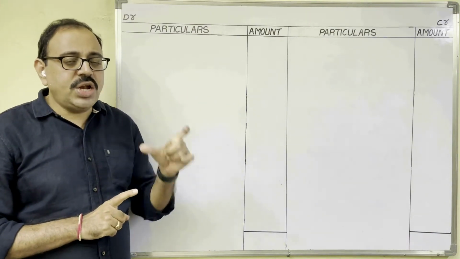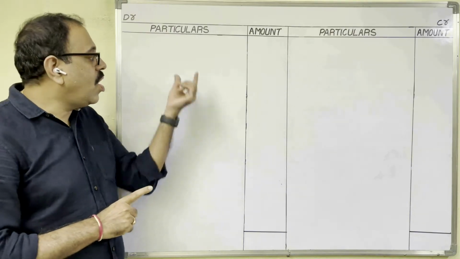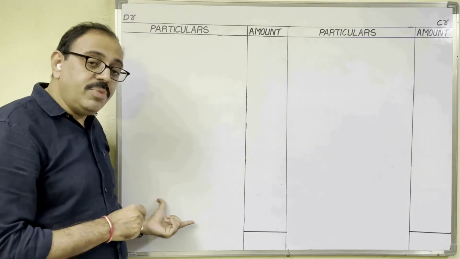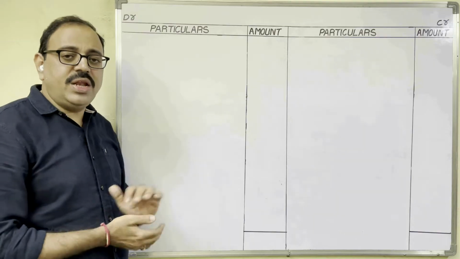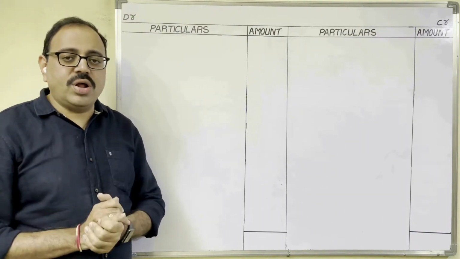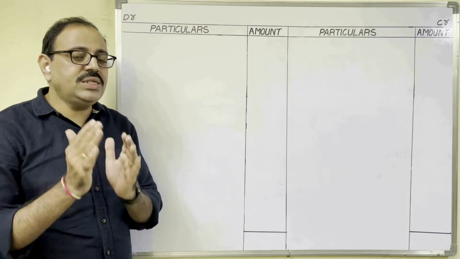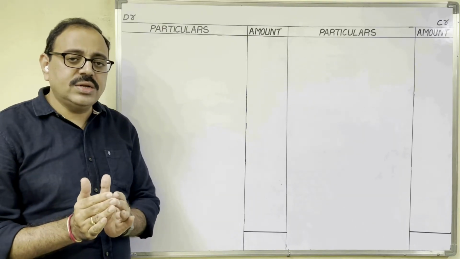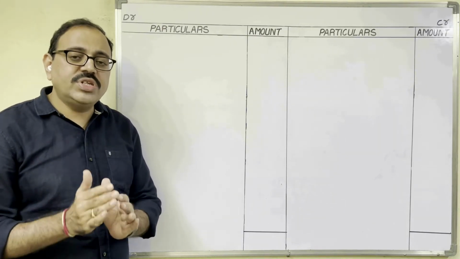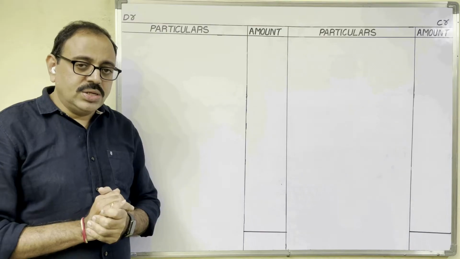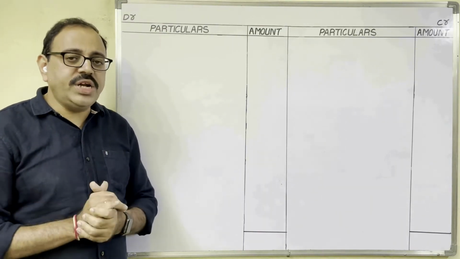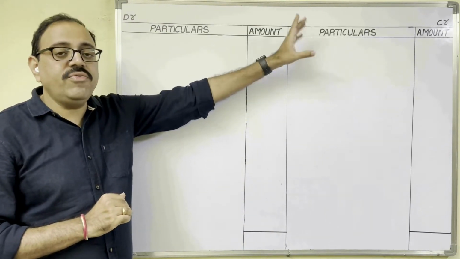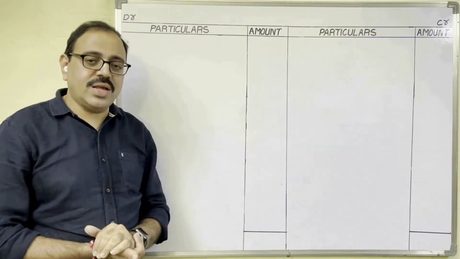So expenses and losses we have to show on debit side of trading account and P&L account. Similarly, in trial balance credit column, he gives liabilities, incomes, gains, nothing but profits, provisions, reserves, funds. So only incomes and profits we have to take on credit side of trading account and profit and loss account.